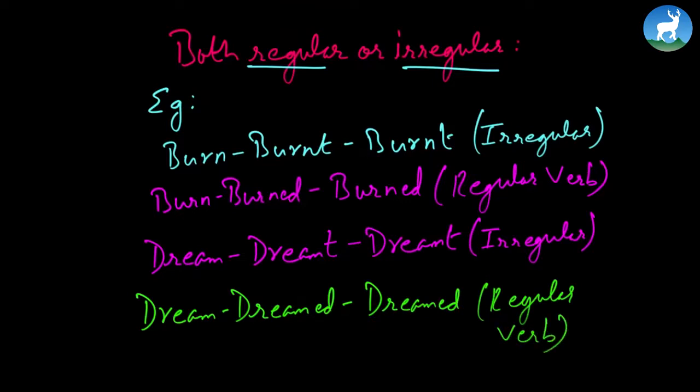Now, in case you are wondering what he is talking about, past and past participle, there's a very simple difference. When I talk about simple past and past participle, the difference is that the simple past stands on its own.